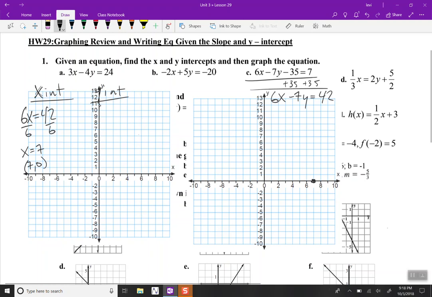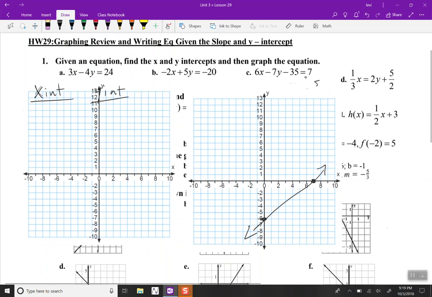And for our y-intercept, negative 7y equals 42, divide by negative 7, and so y equals negative 6, that's the point (0, negative 6). It's just a coincidence that all of these have been positive slopes. We're not doing that on purpose to set you up for something.